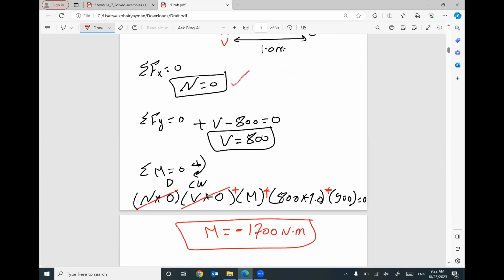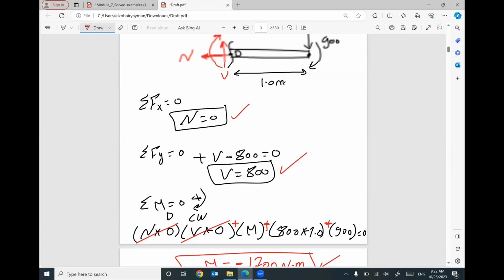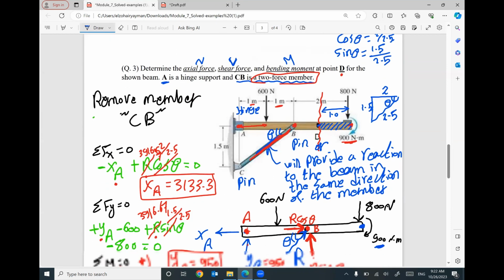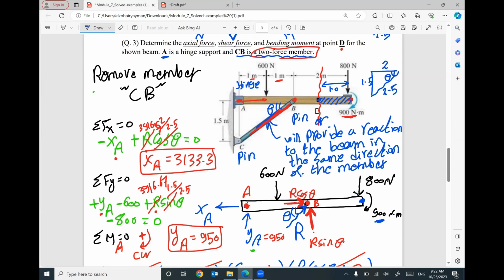So this is your axial force, this is your shear force, this is your bending moment. The new point in this problem for your reactions: we have one hinge at A, and we are given a two force member, CB. This two force member is a special member.